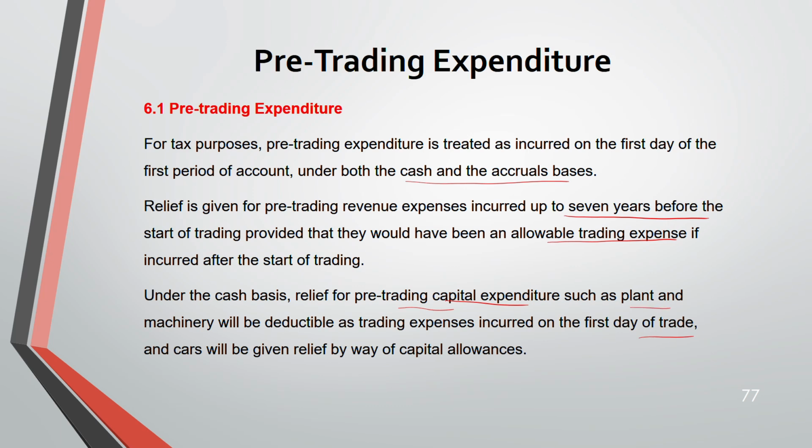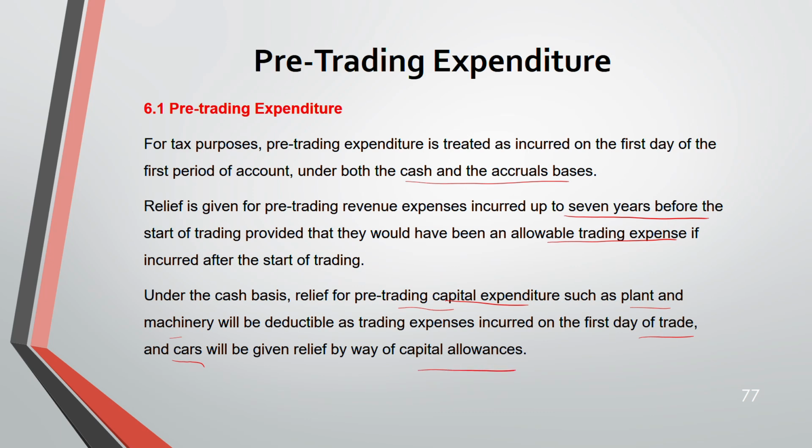This is for plant and machinery. And for cars it's not like you have bought a car and you deduct that amount. No, for cars, if it's a cash basis, you will be given relief by way of capital allowance.